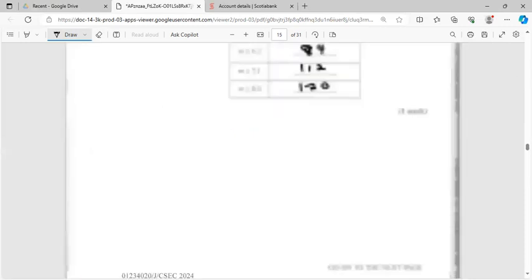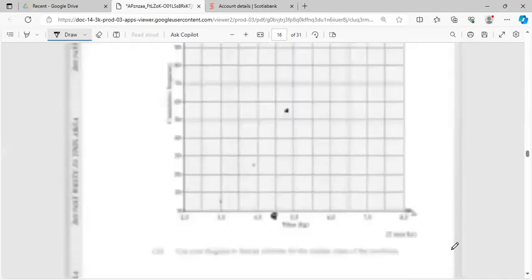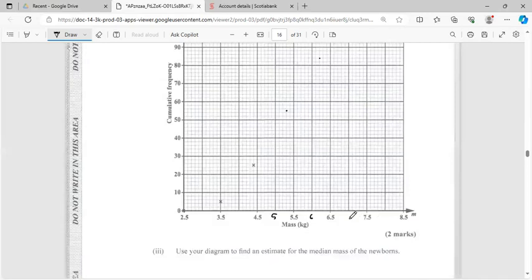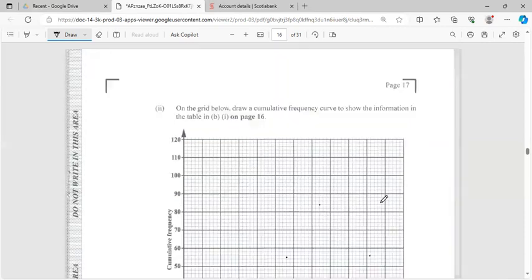But let's see what is 7.1. So it's 7.1. Basically, this is 7.1. So this one could have tricked students. 7.1.